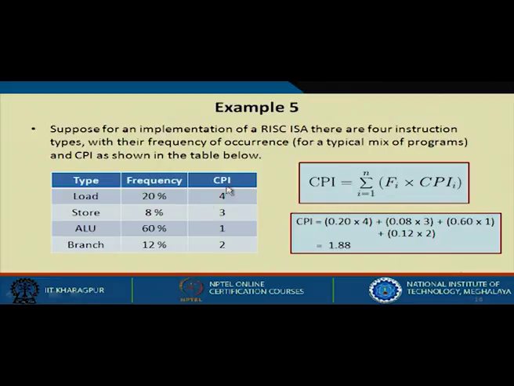And the CPI is given, cycles per instruction. So, what is the frequency? That is 0.2 and the CPI is 4. So, if you want to find CPI, you can find Fi multiplied by CPI of I. So, 0.20 multiplied by 4, 0.08 multiplied by 3 and so on, and we get 1.88.